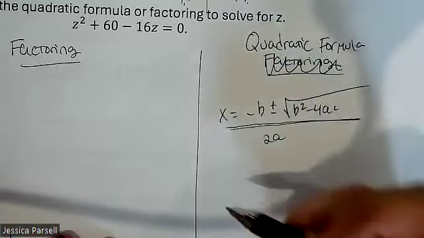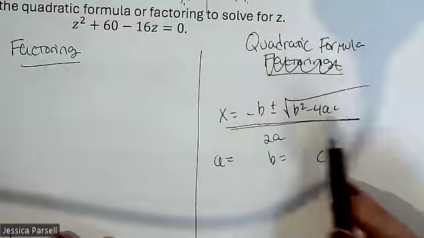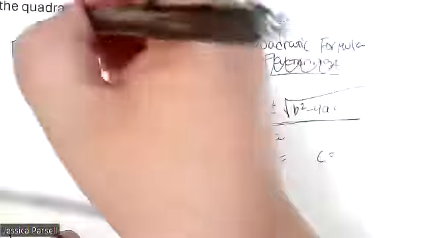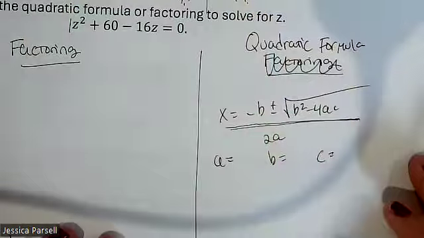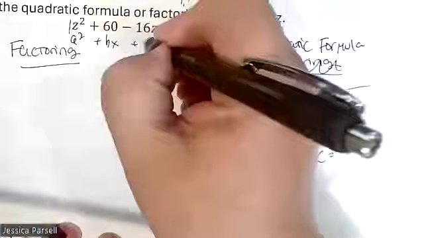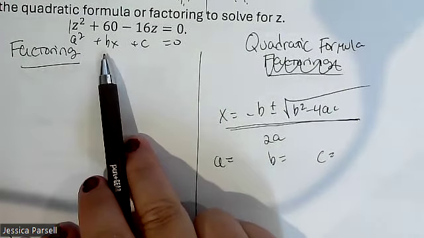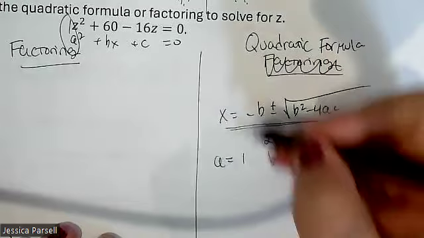Okay, let's go find the a, the b, and the c values so we can plop those in. So a value is always in front of the squared value, right? So if we were to write a parabola's standard format, right, we would be ax squared plus bx plus c equals 0. So 1 is your a.